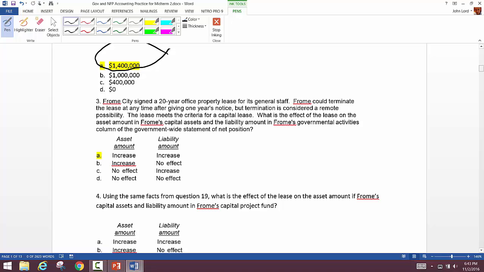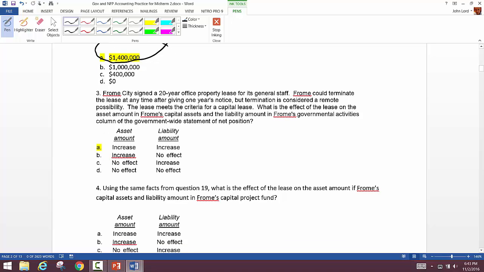Frome City. Did we have one of these as the homework question? This looked familiar. I couldn't remember if we had this as a quiz question or not, but it won't hurt us to review it again. Frome City issued a 20-year office property lease for its general fund. Frome could terminate the lease at any time, giving 1 year's notice, but termination is considered a remote possibility. The lease meets the criteria for, here we go, a capital lease.